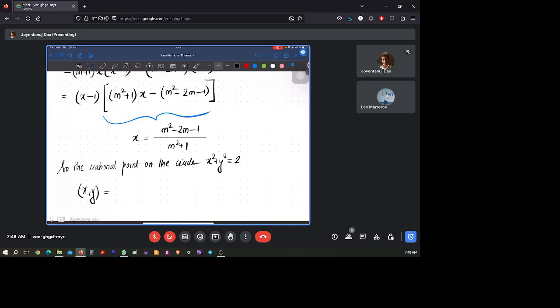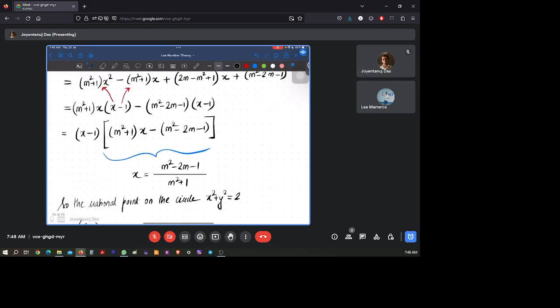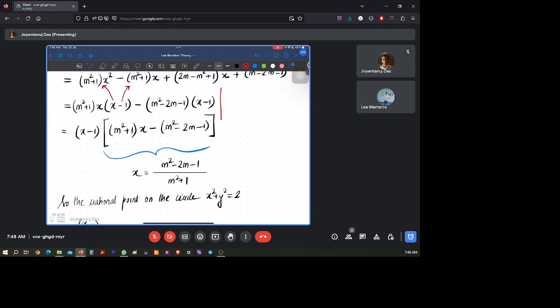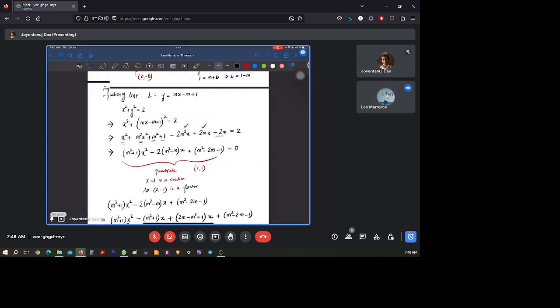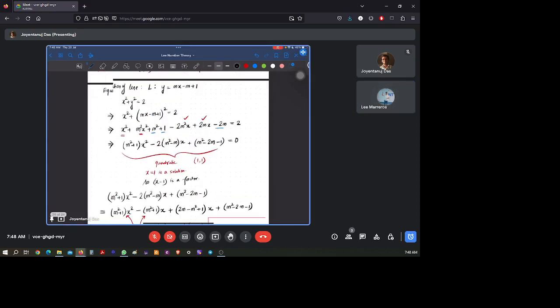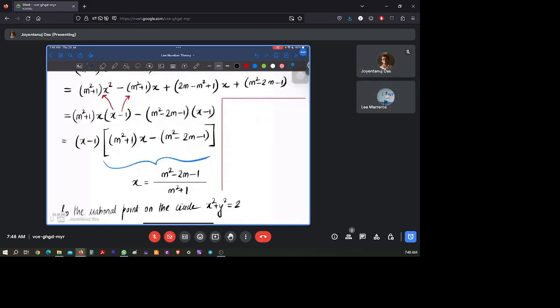So we have to find the y coordinate also. The x is this one. What will be the y coordinate? We will need to replace. Yes, the equation is, we know y equals mx minus m plus 1. We can replace it, it's easier. Mx minus m plus 1.